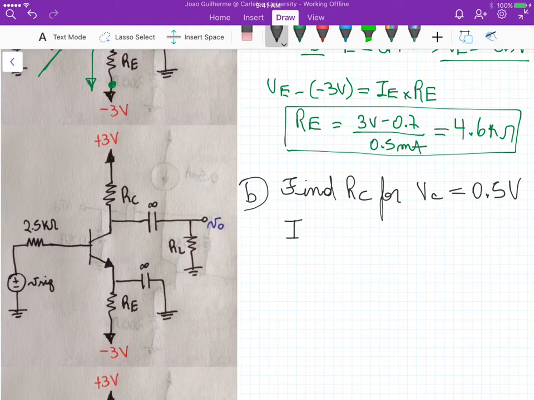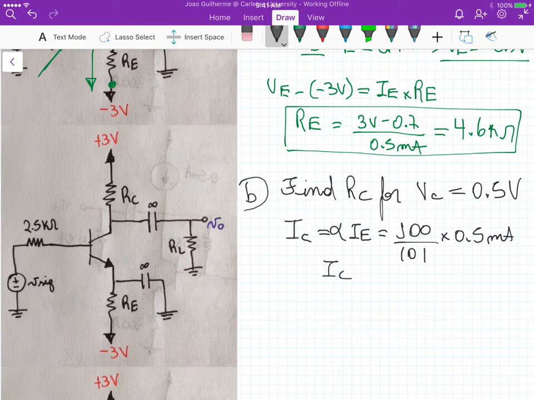So the collector current is equal to alpha times IE, and that's the same as 100 divided by 101 times 0.5 milliamps. So the collector current that we want for the NPN to operate in the active mode region is equal to 0.495 milliamperes. So that's the collector current.